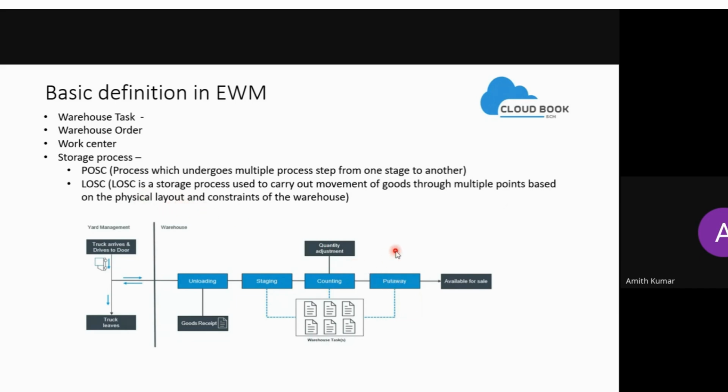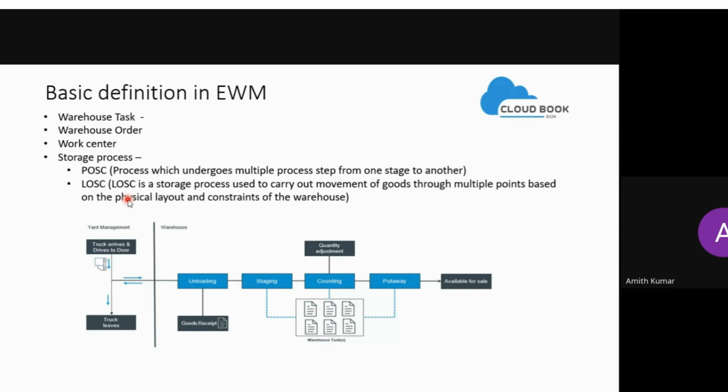Okay, so if you have a two-story warehouse, and if you want to store your goods on the second floor, then you will have two intermediate points, right? One will be at the ground floor, another one will be at the first floor. So depending on the warehouse, we need to decide how many intermediate points will be there in our warehouse. And based on that, we can automate things by making use of layout-oriented storage control.